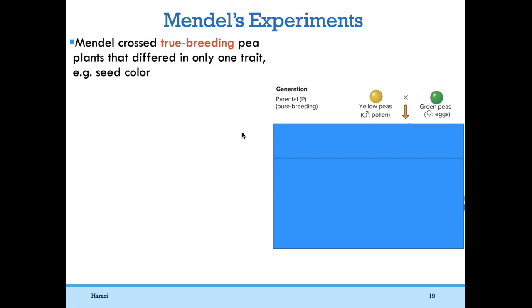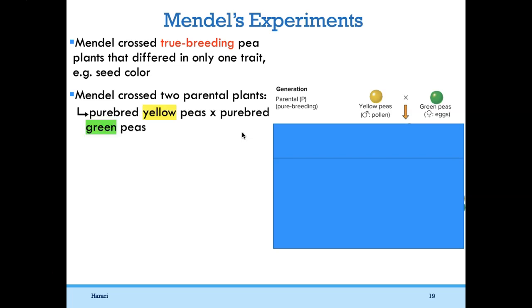Okay, so now let's talk about Mendel's experiments. Mendel crossed true breeding pea plants that differed in only one trait. This means the pea plants were identical in every possible way except for just one characteristic, which was seed color. So he took two parental plants.